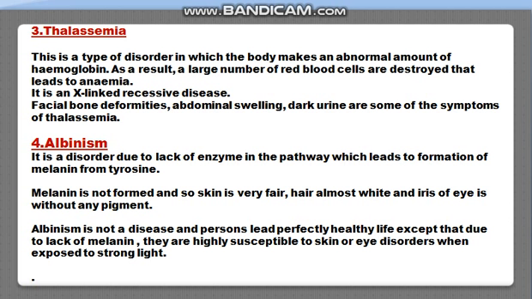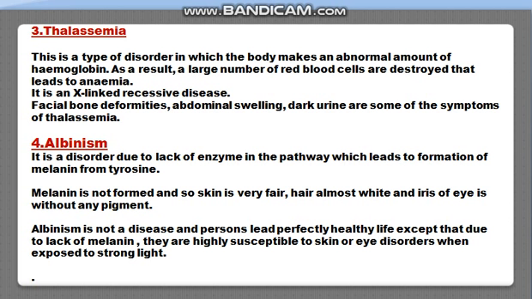Next comes albinism. This is a disorder due to the lack of the enzyme in the pathway which leads to the formation of melanin from tyrosine. So this disorder is caused when tyrosine does not form melanin, because the enzyme responsible for the formation of melanin from tyrosine is lacking, and because of this melanin is not formed.